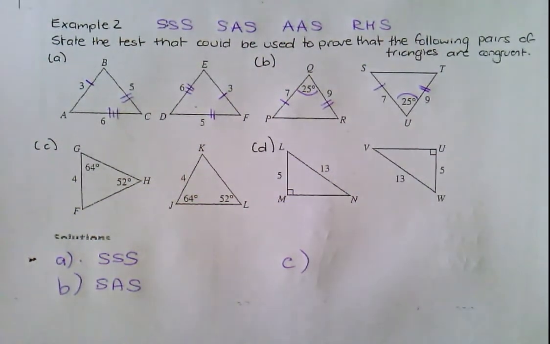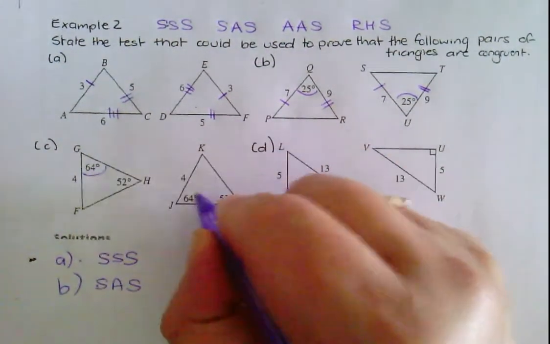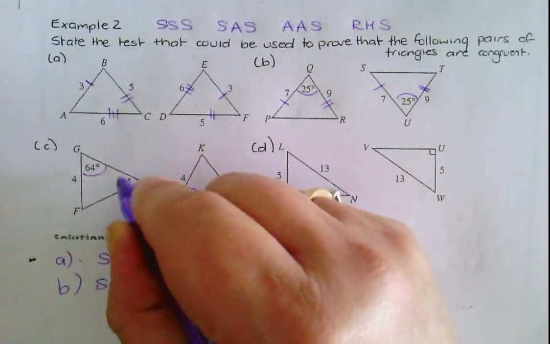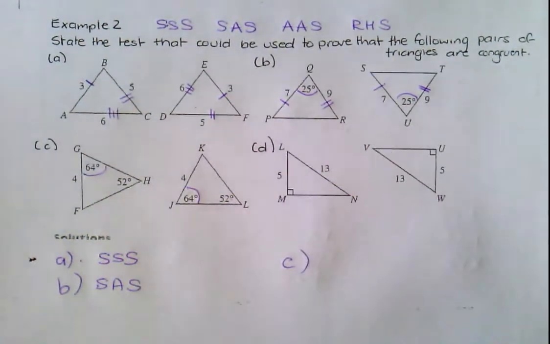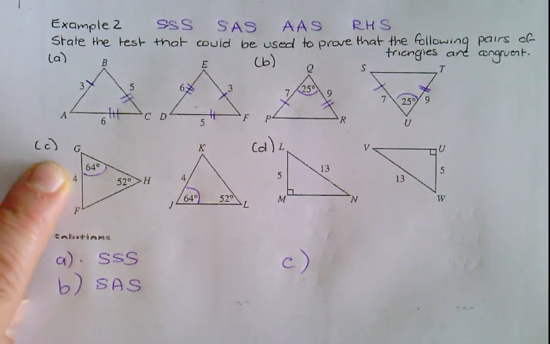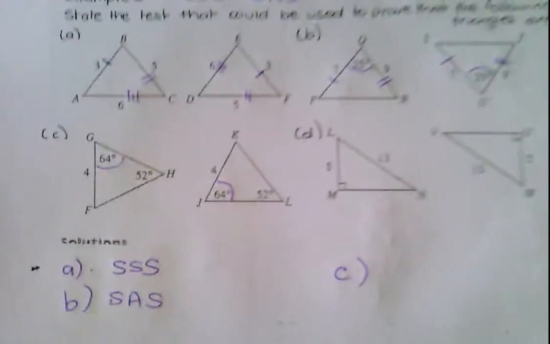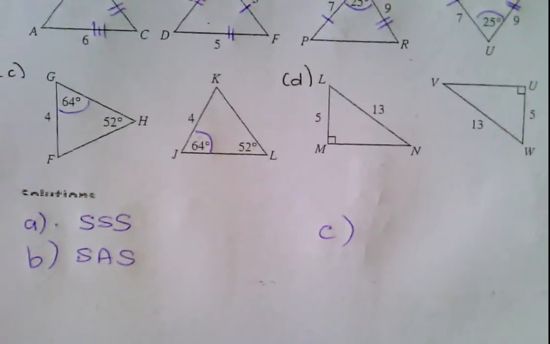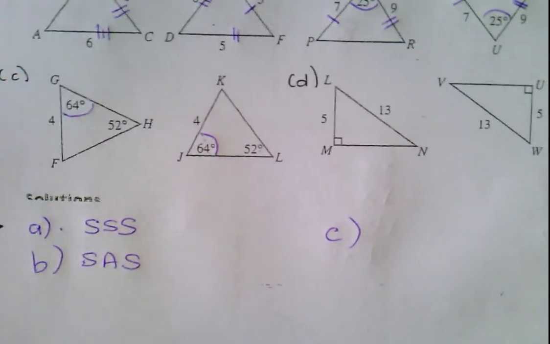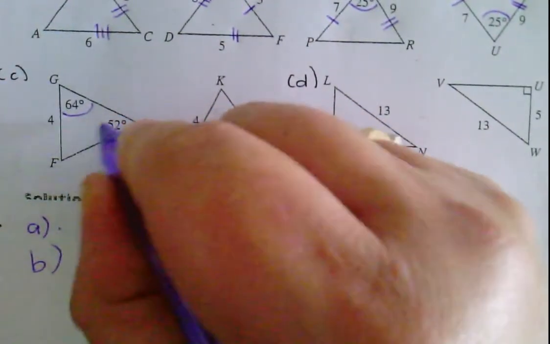C. Be very, very careful. There's 64, there's 64. 52 is there, 52 is there. How would you describe the position of 4? Best to do opposites. Girls, describe its position. Opposite what number? 4 is opposite the 52.